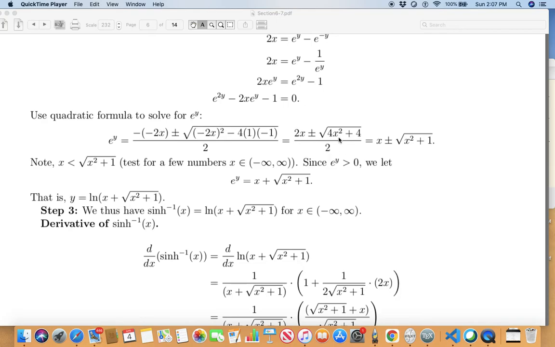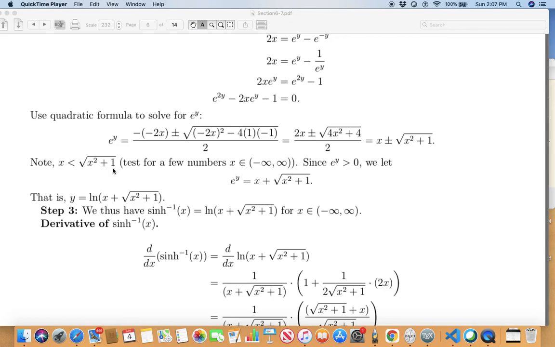So notice I can get 4 common here. When it comes out of the square root, it becomes 2. A 2 and a 2 here divided by 2, they get cancelled. All I'm left with is x plus minus square root x squared plus 1. Notice x is always less than square root of x squared plus 1.